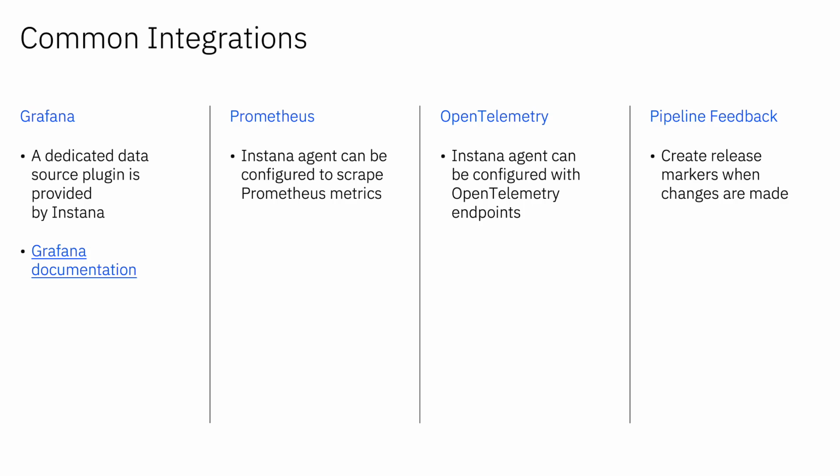Another quite popular integration is integration with Prometheus. Prometheus is another open source project for collecting metrics from the environment, and many of the open source projects provide the Prometheus endpoint where they expose internal metrics of that software.